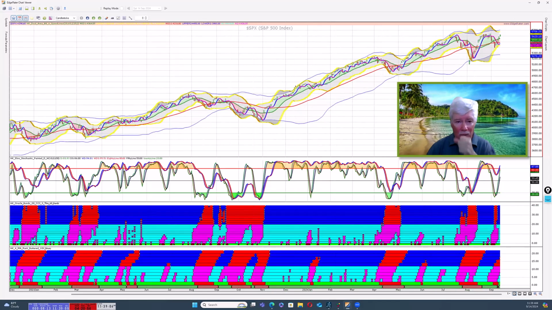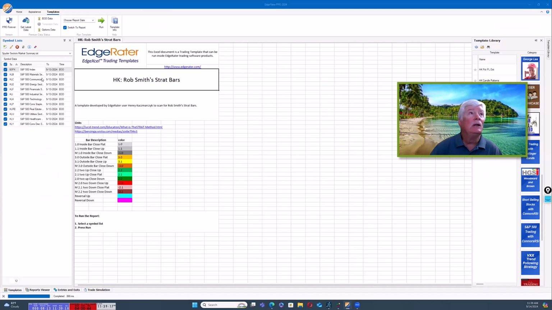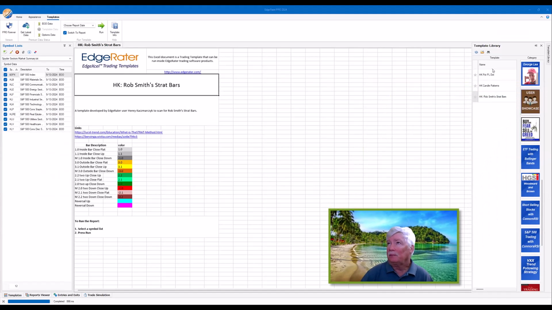The next thing, I gave you a template. Let me find it. I'll go back to this. I have 3 templates over here that I provided.